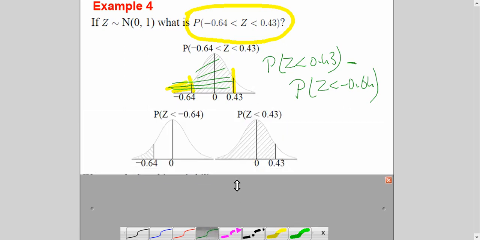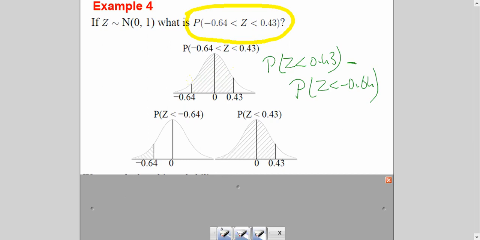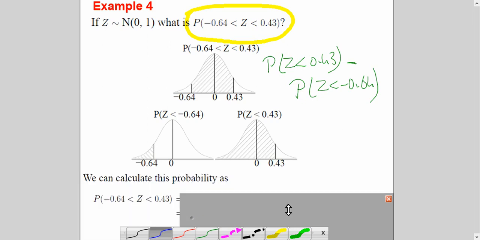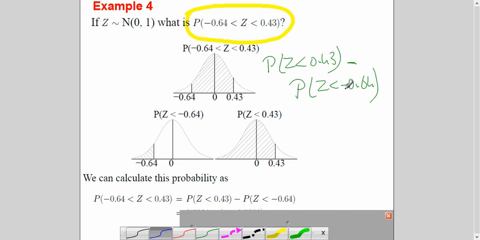So here it is. Okay, what I have just explained, exactly the same thing is drawn here for better understanding. You will do this whole area, which is on the left-hand side of 0.43, minus this small area. And exactly this is what I have written here, right?